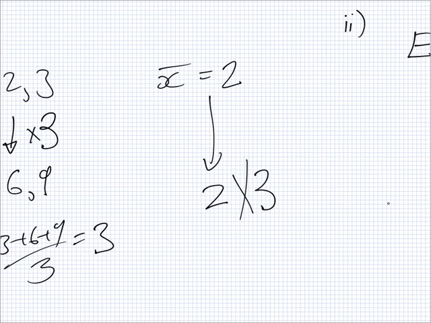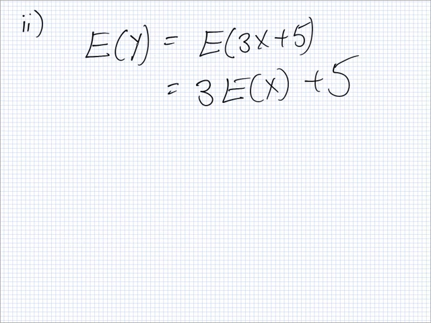So the point I'm making is, if y is 3x plus 5, then the expected value of y will be the same as 3 times the expected value of x plus 5. Whatever you do to the data, you can do the same thing to the expected value, and you'll get the same answer. Now, if you're confused, that's okay, because you haven't studied this one yet. I just want to give you the answer so that when you do study it, you have this example done.